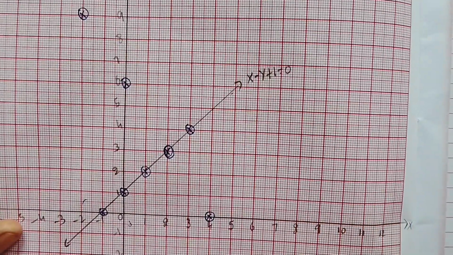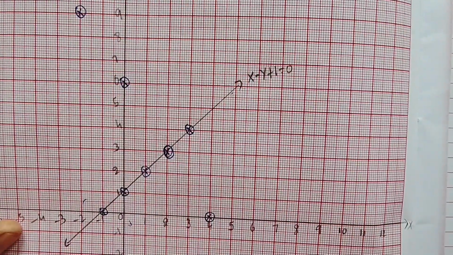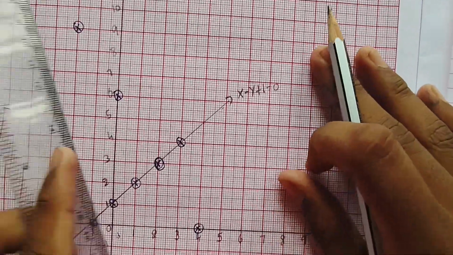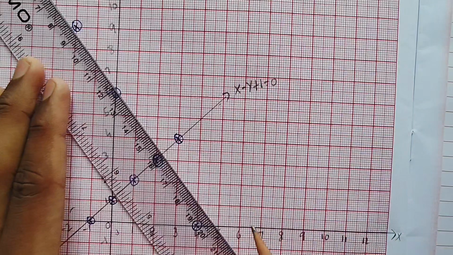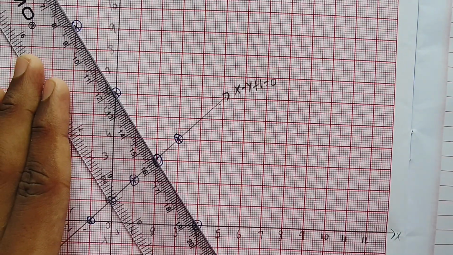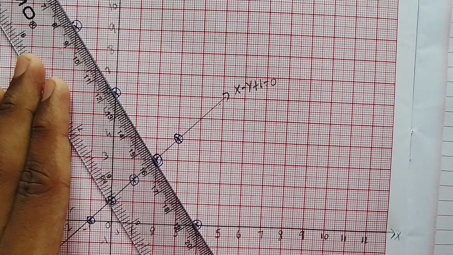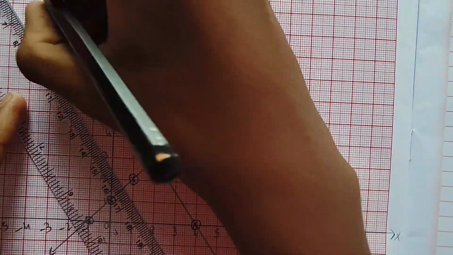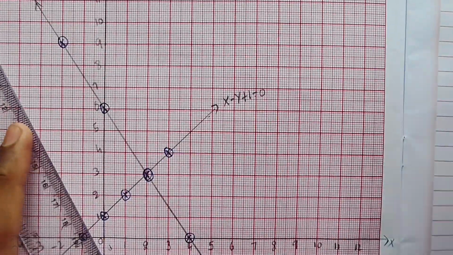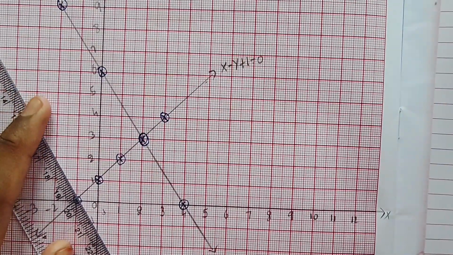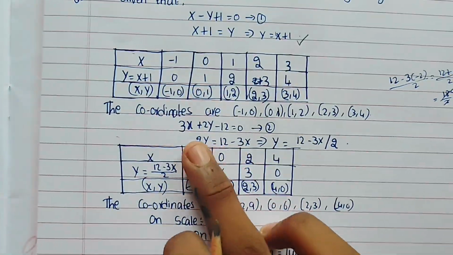So I am joining these points with the pencil. So this is the line we got. I am representing this line as the equation 3x plus 2y minus 12 is equal to 0.